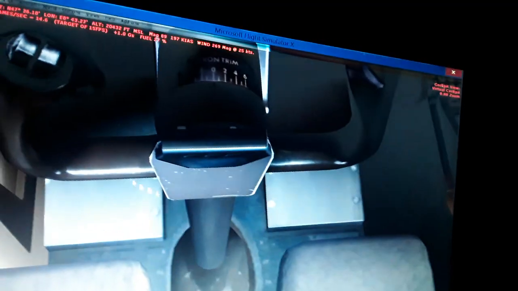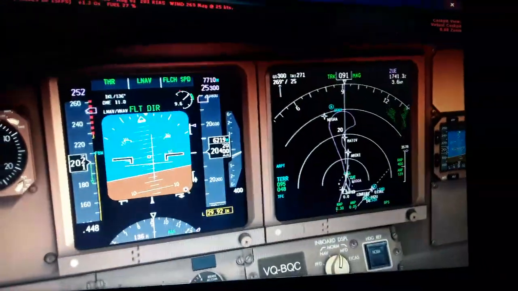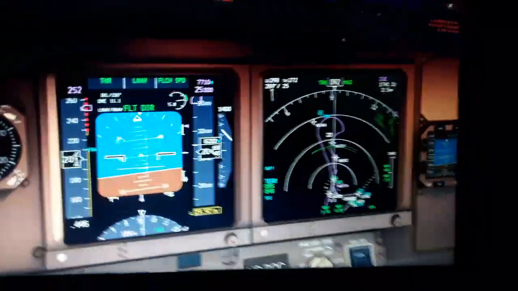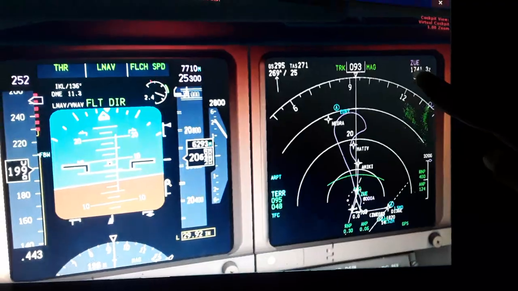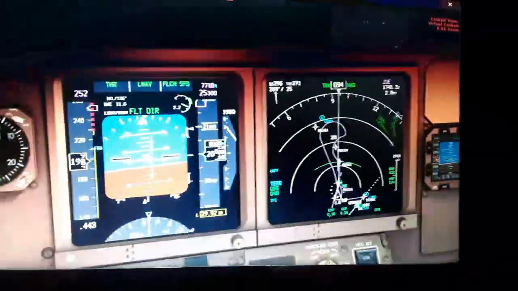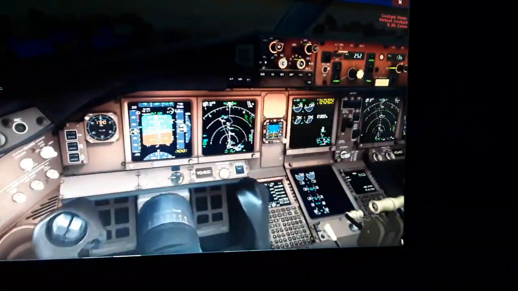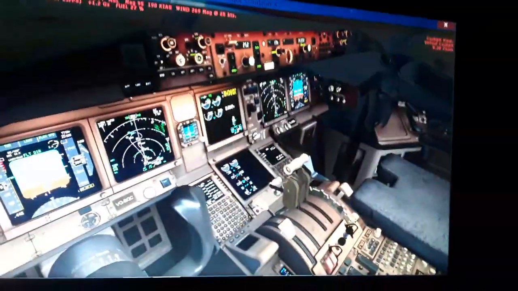So this will give us the first waypoint. We need to cross it, it's like 3.5, 3.6, to come away over here. 3.1. You can see we climb 30,000 feet. Climbing.